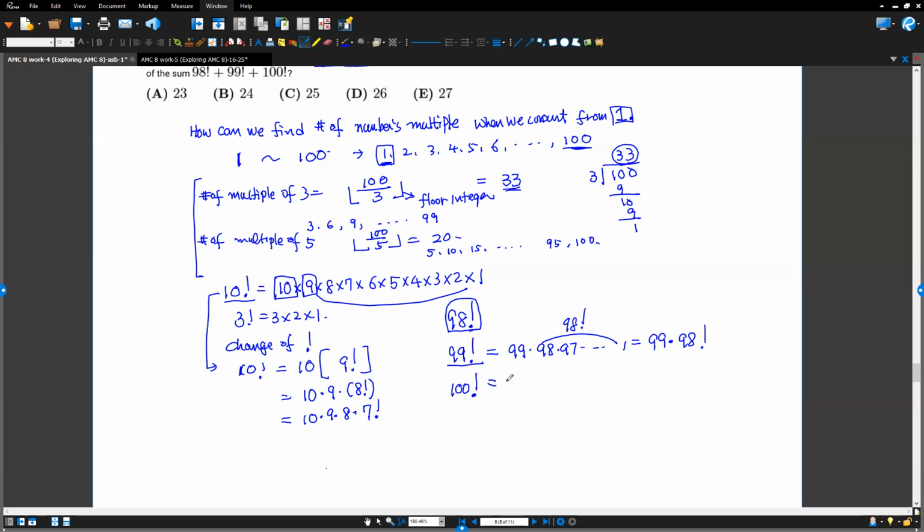100 factorial is 100 times, I want to get two numbers, up to 99, and the next will be 98 factorial.